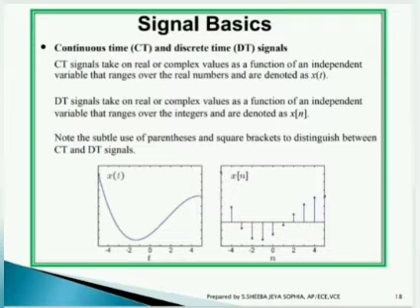And DT signals, that is discrete time signals, take on real or complex values as a function of an independent variable that ranges over the integers and are denoted as x of n. That is, sample points are chosen over the continuous time signal, which is also depicted in the graph.